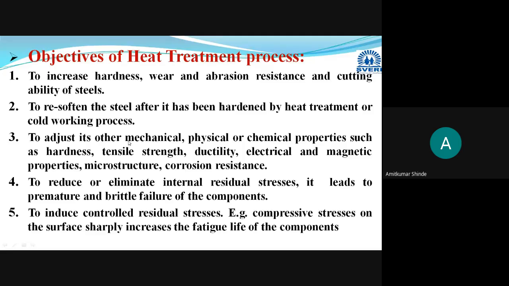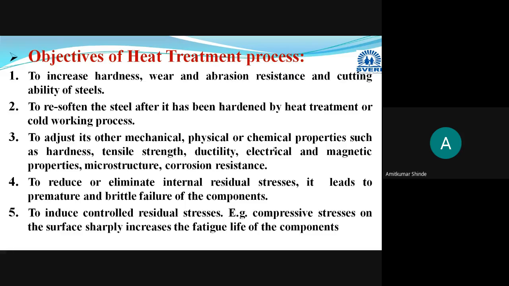And for the part we have seen here, to alter chemical properties, that means we are changing its composition. Those properties we change through the surface hardening processes, and that will come under this part. Physical or chemical properties can be changed by changing their composition, by introducing, for example, carbon, nitrogen, or silicon.